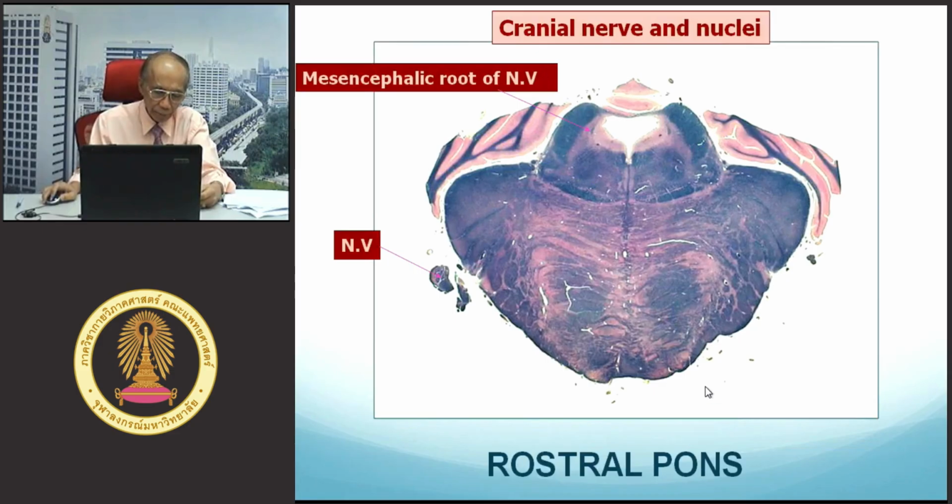The cranial nerve and nuclei include nerve 5 or trigeminal nerve and mesencephalic root of trigeminal nerve.